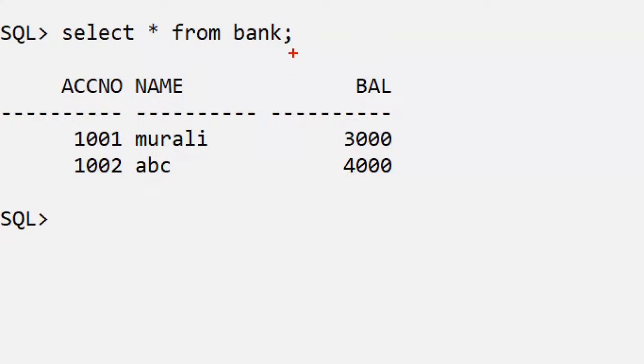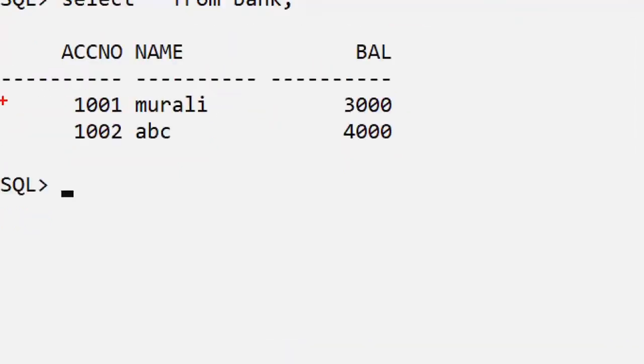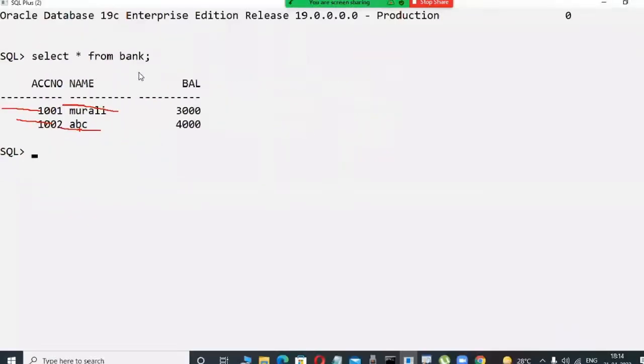Suppose this is an SBI bank. Observe here, these are columns: account number, name, and balance. These are called columns, and these rows, like 1001, are called rows or data.